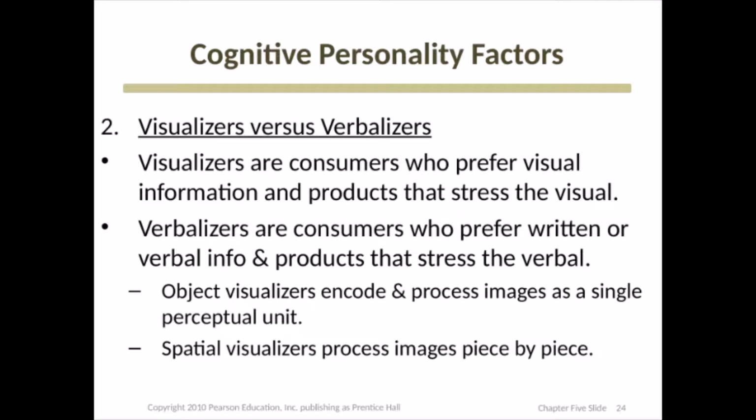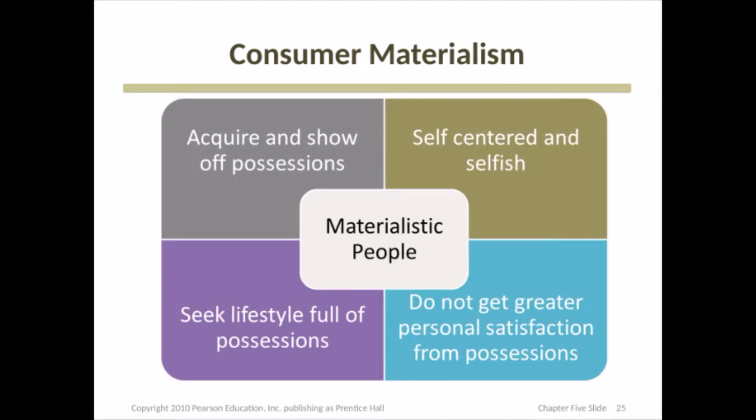After that, we come to some traits we talked about before, and we said that we will talk about it at the end of the lecture, which is consumer materialism. Materialistic people, not just materialistic meaning money only, no, they are people who want to acquire and own things.